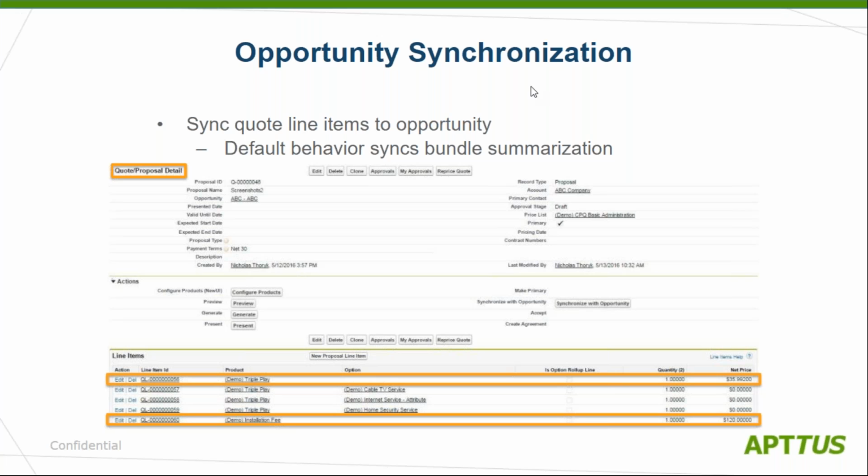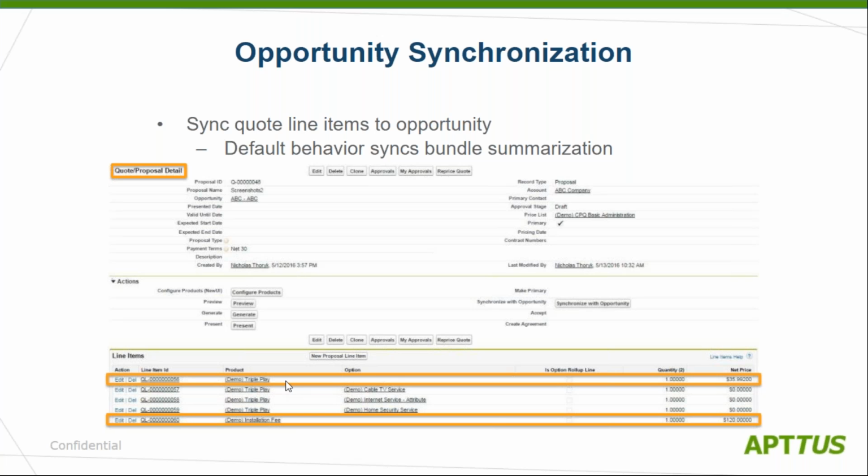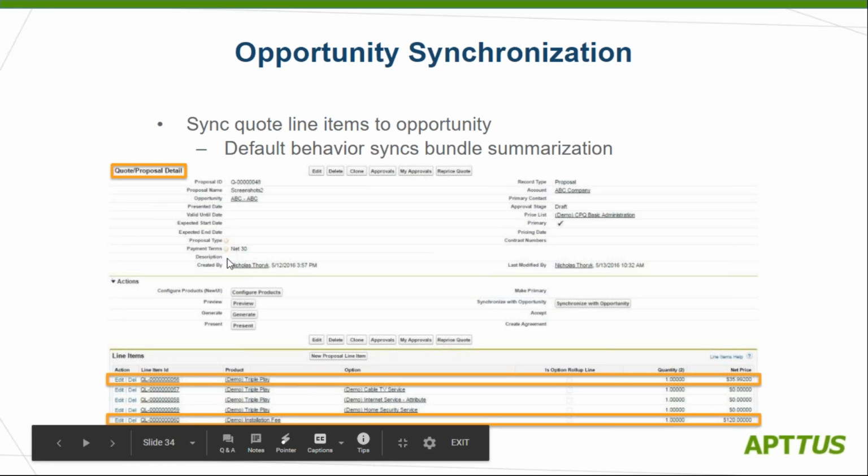So we can sync quote line items to the opportunity. By default, the behavior syncs the bundle summarization. So by default, it will sync only the header level, like the bundle product and the standalone product. It will not sync the option products, but we can change this setting to sync the option products as well. If you see, this is the quote proposal, and I can see the line items, triple play and installation fee.